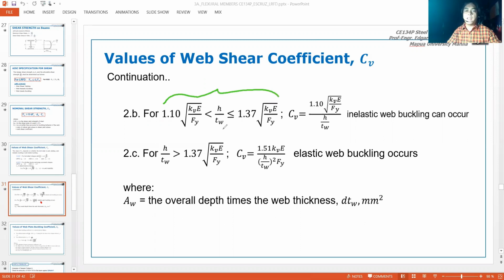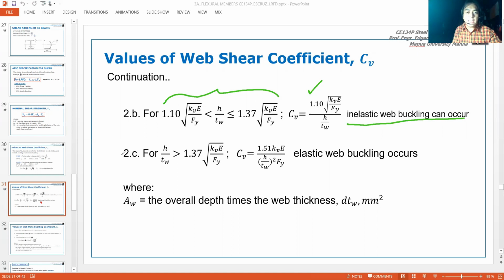So if the H over TW is greater than 1.1 square root of KvE over Fy, but less than 1.37 square root of KvE over Fy, so these are empirical equations, no? Kapag yung H over TW ratio mo is within those limits, the C sub V can be calculated given by this formula. And that means inelastic web buckling occurs on that beam.